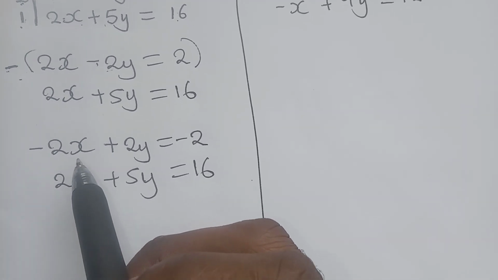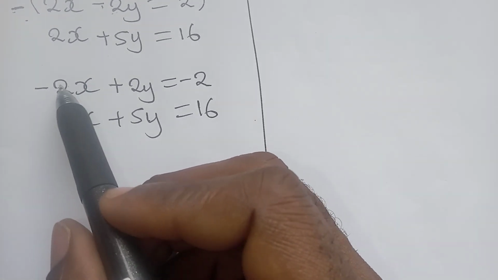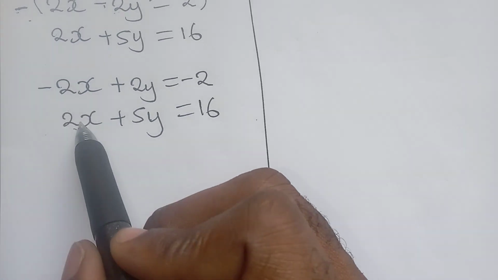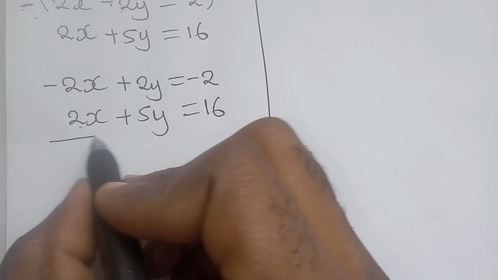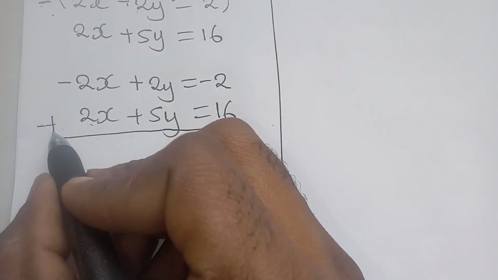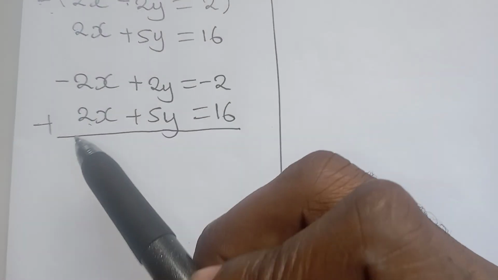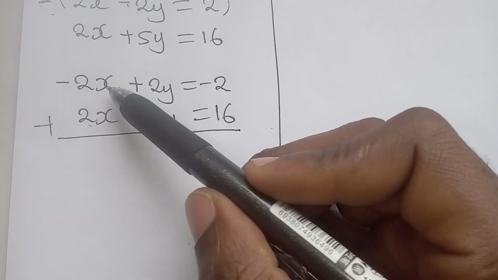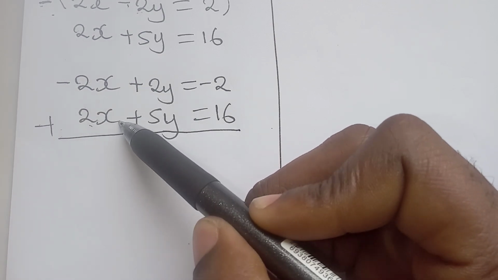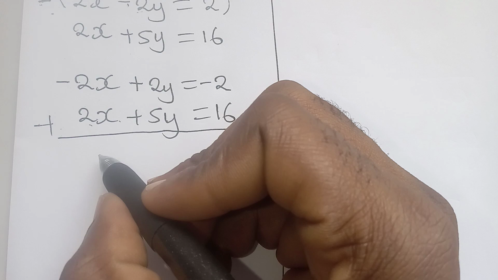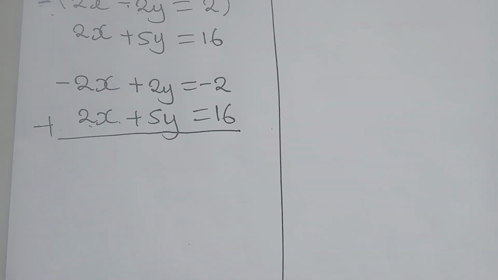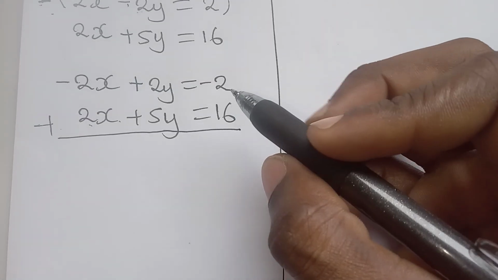So now, since we have different signs, but the coefficients are the same, we can add the two equations so that the x is eliminated. So negative 2x plus positive 2x, this will give us a 0. So we have a 0, you don't have to write it unless you just want to.